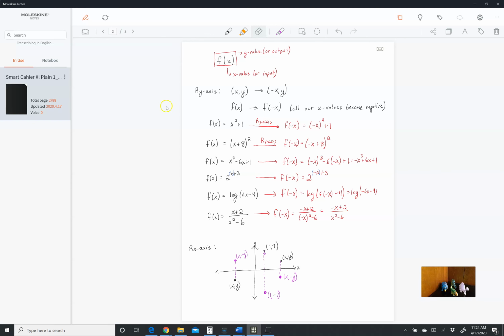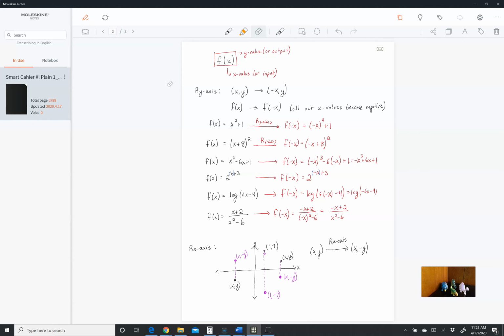So what we're saying here is that for any given point, x comma y, if we want to reflect it in the x-axis, it just becomes x comma negative y. So we can generalize.